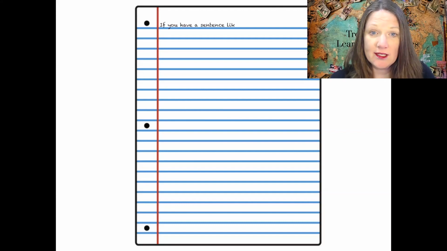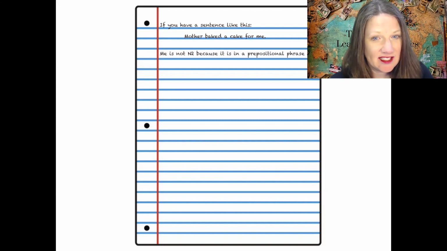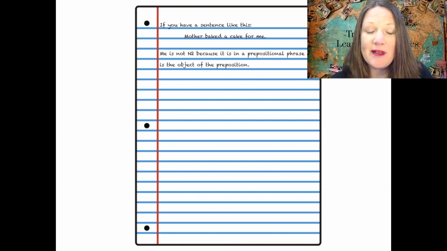This is important. If you have a sentence like this, Mother baked a cake for me. We'll give you a second to write this. Me is not the noun to the direct object because it is in a prepositional phrase.